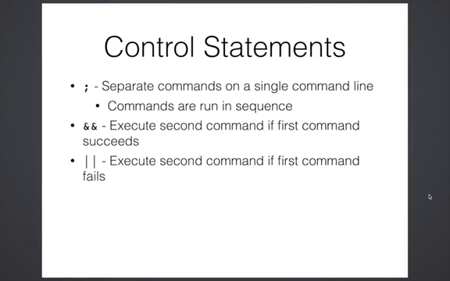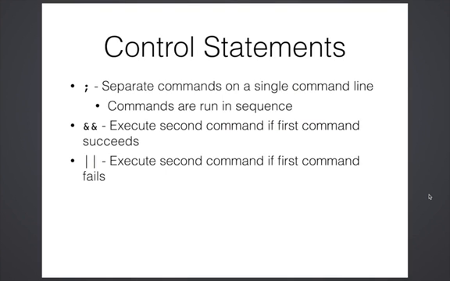Now, if you want to run a command and then have another command run if the first one succeeded, you would use the double ampersand, and that's a logical AND. So if the first command finishes with a success value or a true value, then the second command will run.